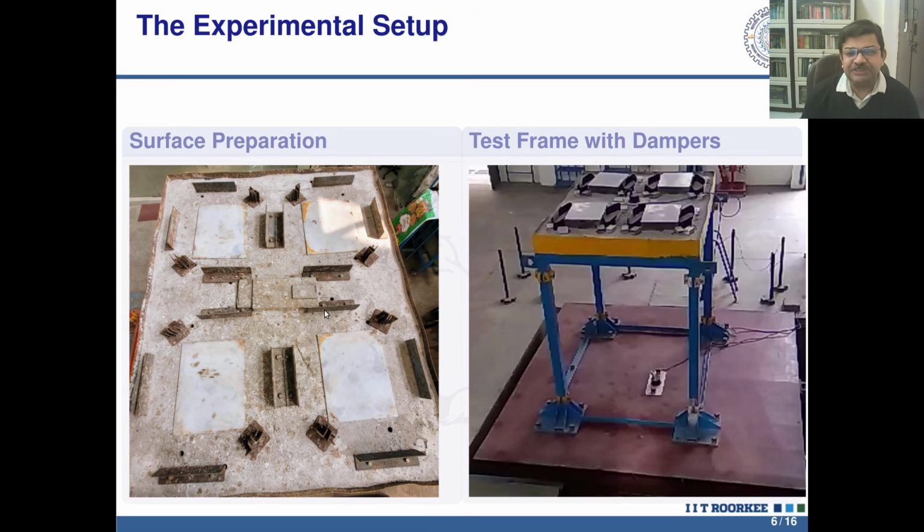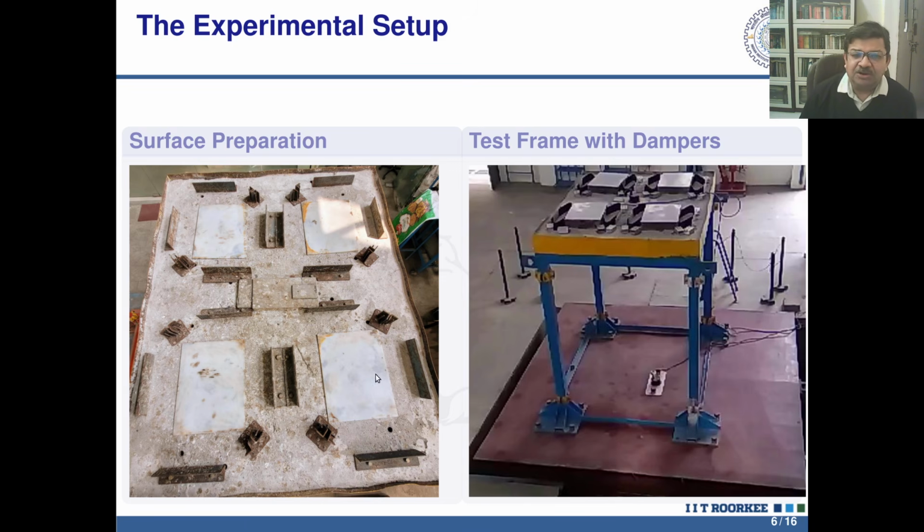The coefficient of friction between steel and UHMWPE is very small, of the order of 0.15 to 0.20. So that makes it a very smooth interface over which this block can slide very easily. At the same time, it provides enough friction resistance to control the vibration amplitude of these blocks as they vibrate.